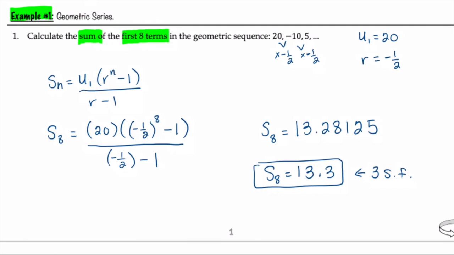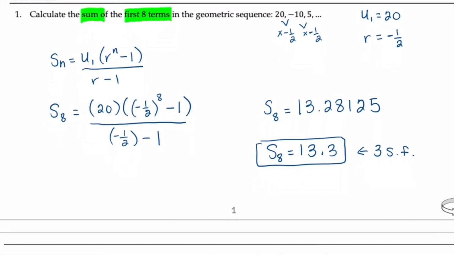Okay, so my final answer is 13.3. I used 3 significant figures instead of writing out the entire decimal value. Let's look at number 2.